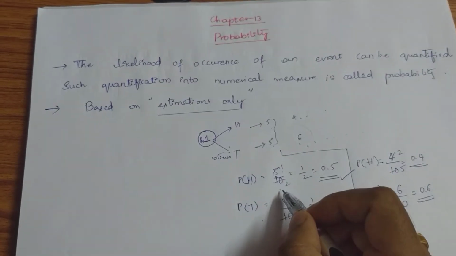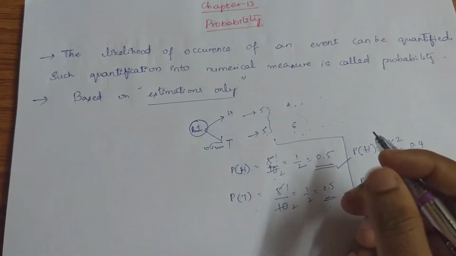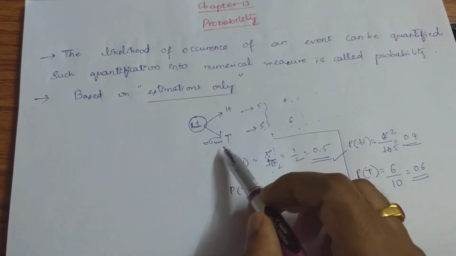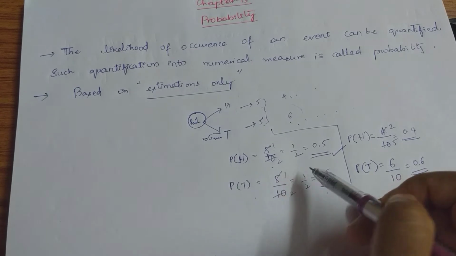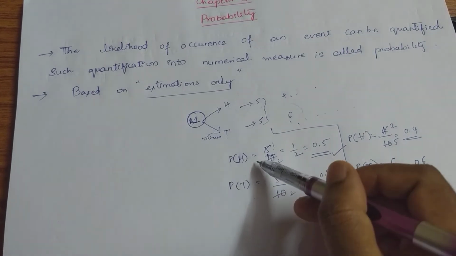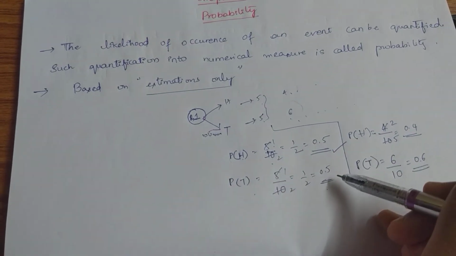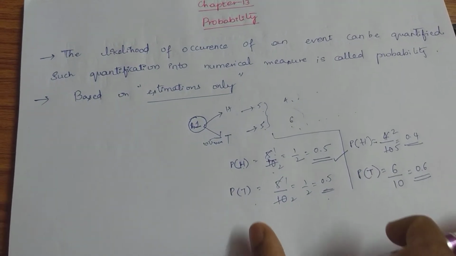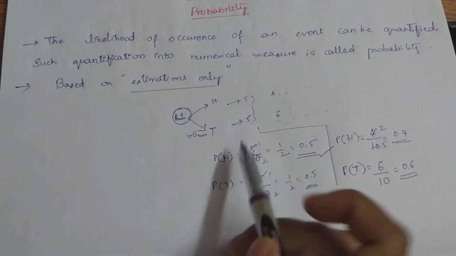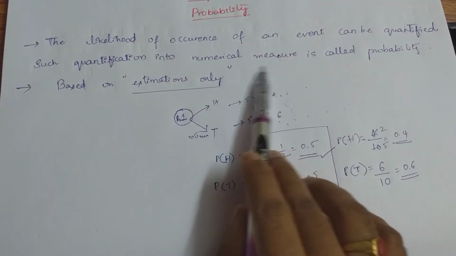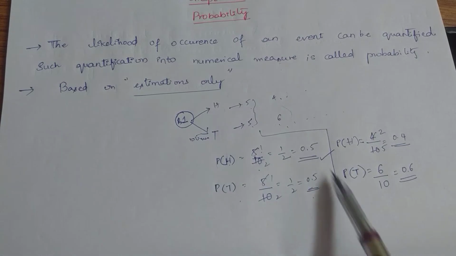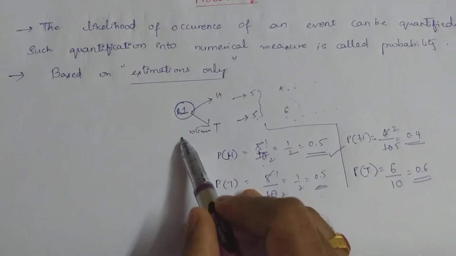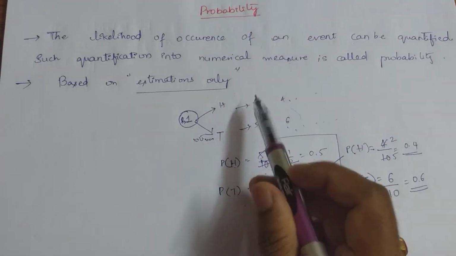Outcome is nothing but result. How many results did you get? 10 results, of which 5 are heads and 5 are tails. So 5 by 10 gives 0.5 as the probability of getting head and 0.5 as the probability of getting tail. In the same way in example 2 also. Clear? This is how we calculate probability value in terms of numerical measure. This is the probability value. See here, we have tossed the coin 10 times, then we can measure the result.